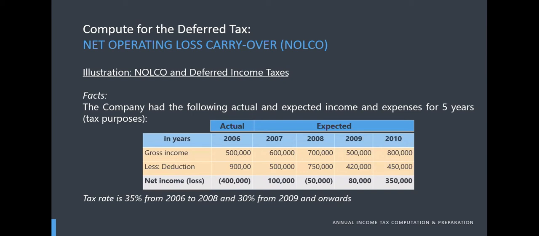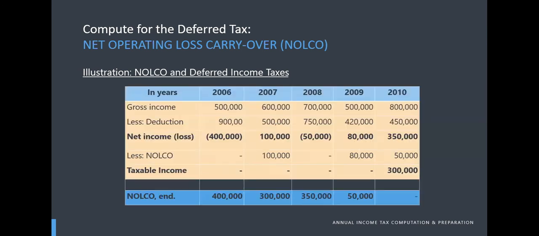During 2006, there is a net loss of 400,000. 2007, net income 100,000. 2008, 50,000 net loss again. 2009, 80,000 net income, and 2010, net income again of 350,000. The tax rate is 35% from 2006 to 2008 and 30% from 2009 onwards.